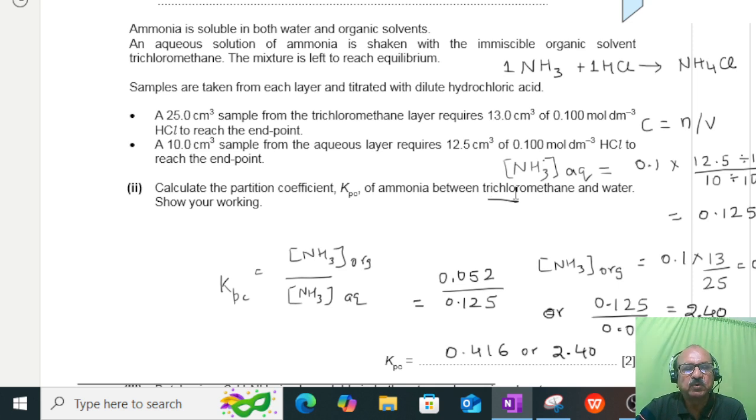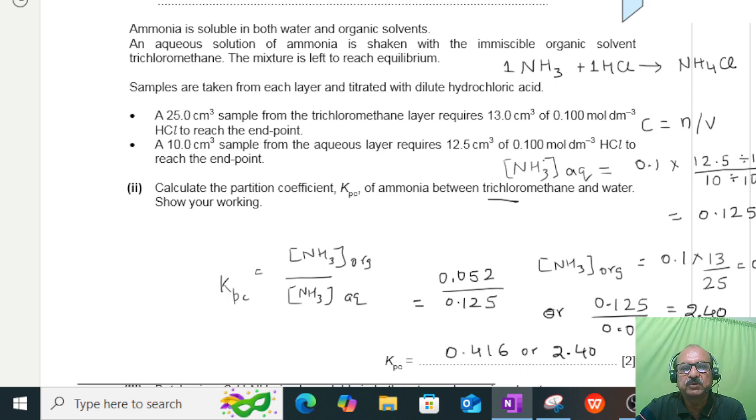As you know, we must know the concentration of ammonia in the organic solvent divided by the concentration of ammonia in the aqueous medium. The concentration of ammonia can be obtained from the value of hydrochloric acid. For the aqueous layer we required 12.5 cm³.